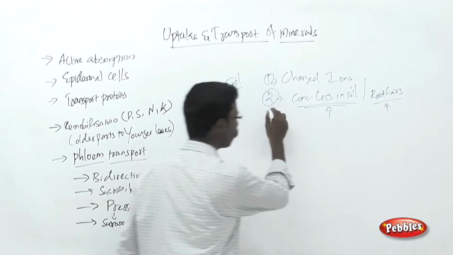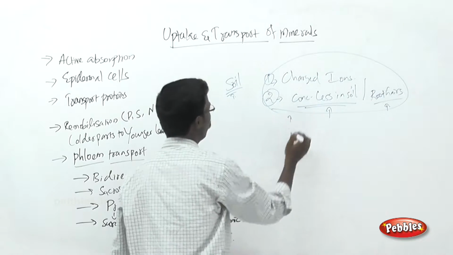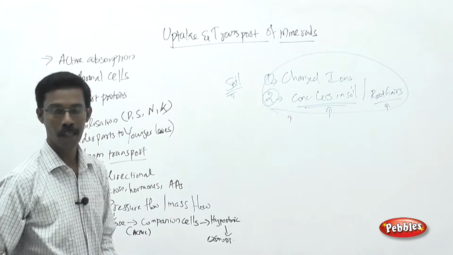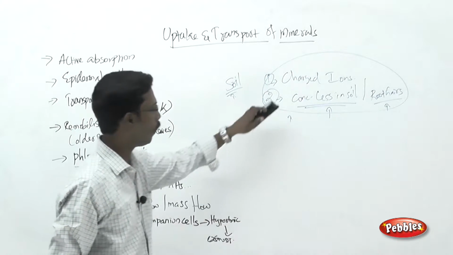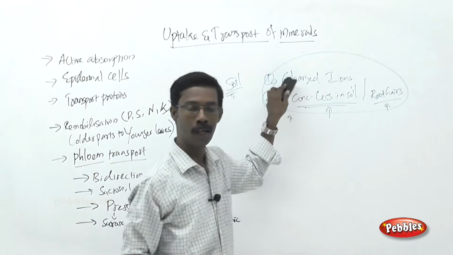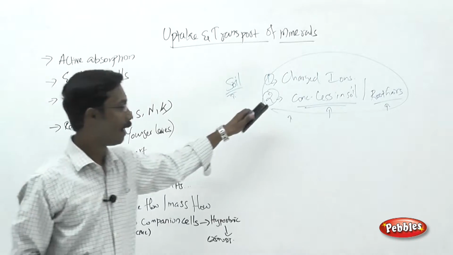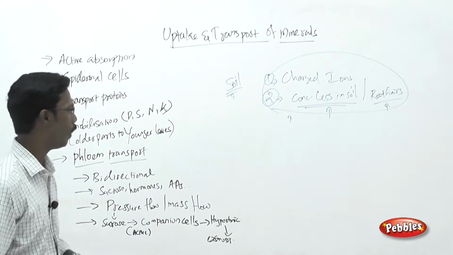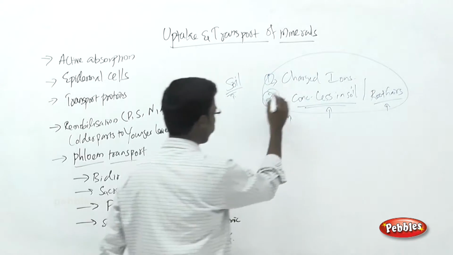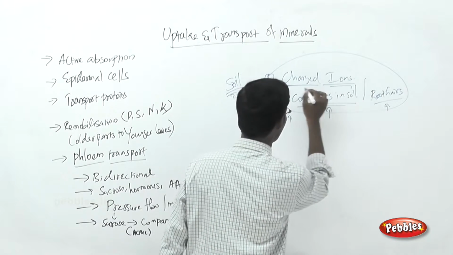These are the two points you have to remember about the uptake of minerals: they are charged ions in the soil, and they are in low concentration in the soil.